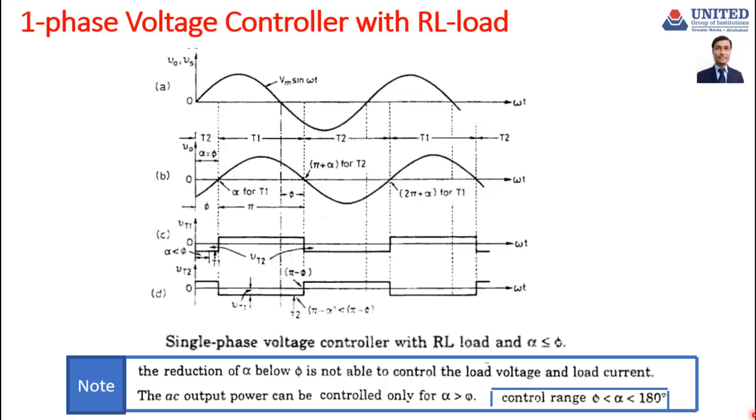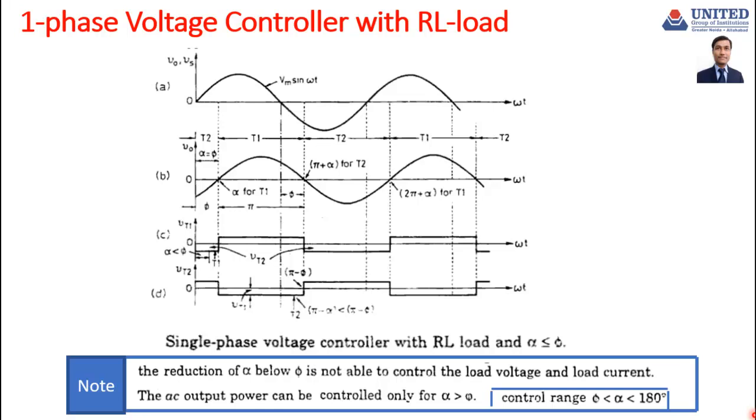When T1 conducts from phi to pi plus phi, T2 will be triggered at an angle pi plus alpha, which is less than pi plus phi. As T1 is conducting, the voltage drop in T1 will apply a reverse bias across T2.